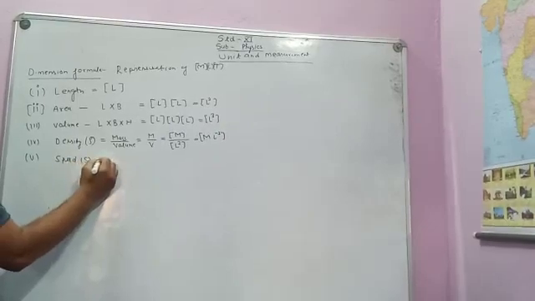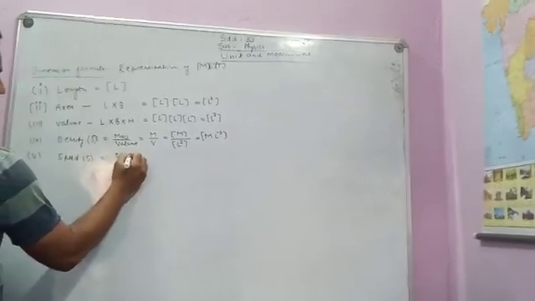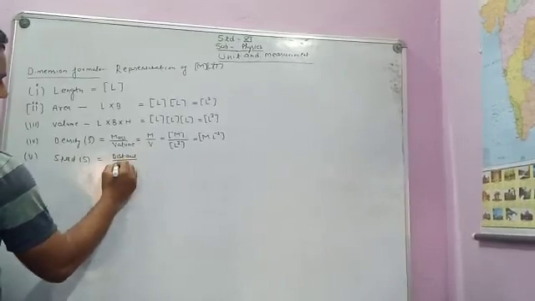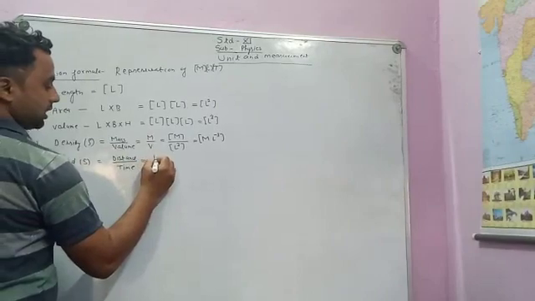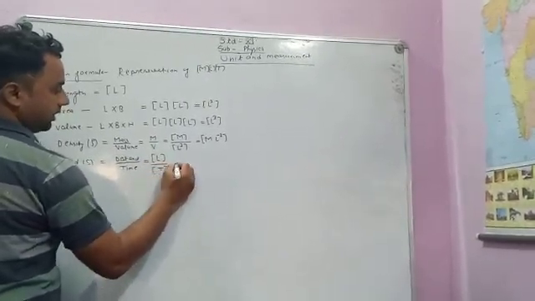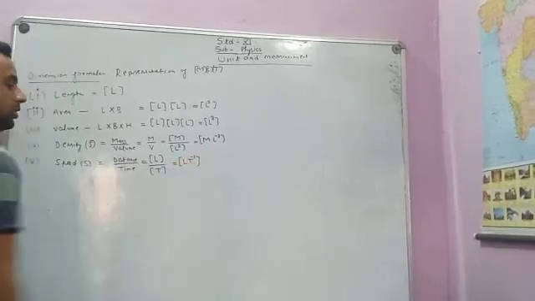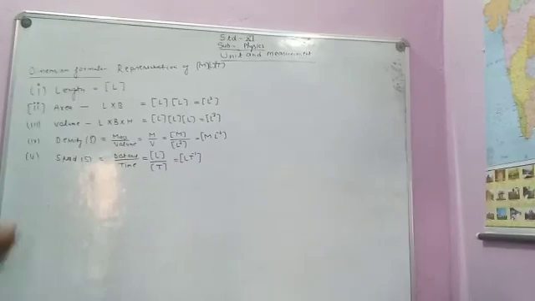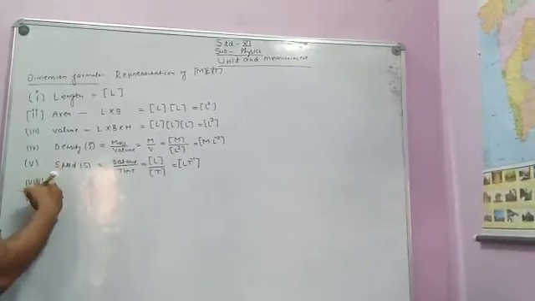Next basic formula is speed. Speed S is equal to distance upon time. What is the distance measured in? L. Time is measured in T. And the dimensional formula is L T inverse. The next dimensional formula is velocity.